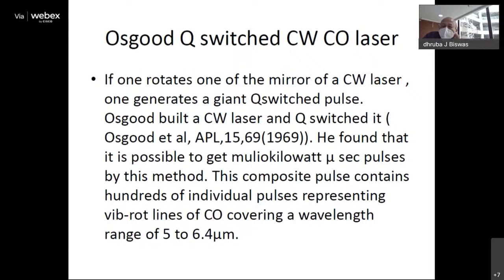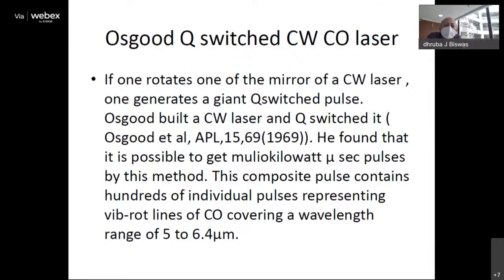Because this composite pulse consists of hundreds of pulses which represent various rotational lines in vibrational modes. CO has many vibrational levels, and we can get rotational transitions from vibrational band 22 to vibrational band 5.